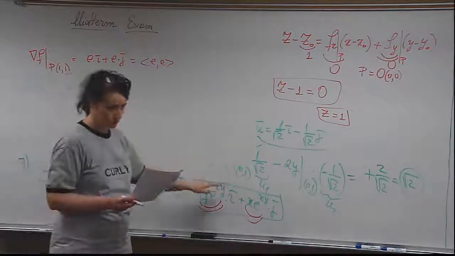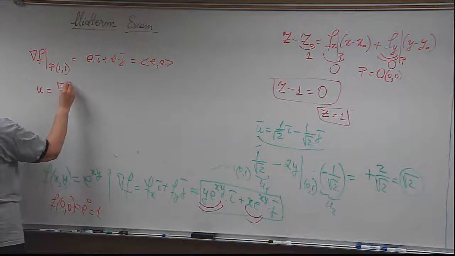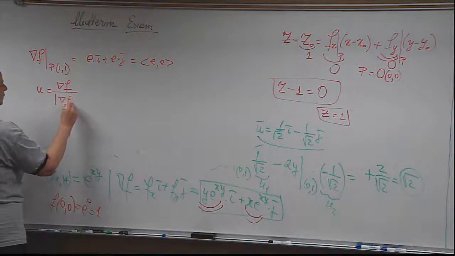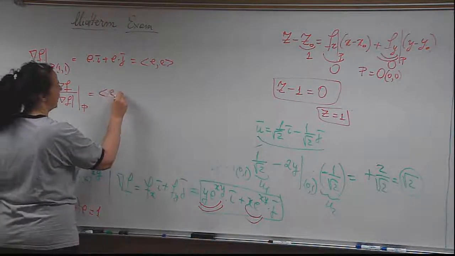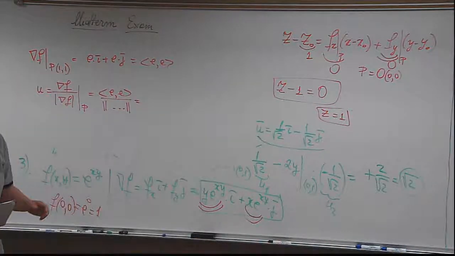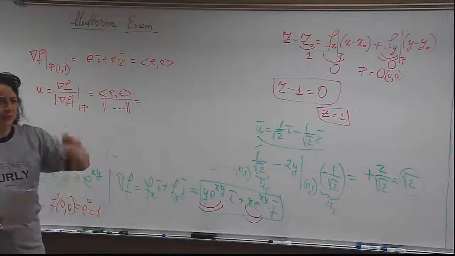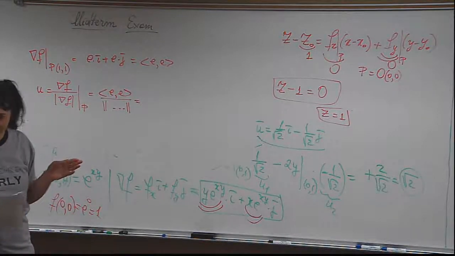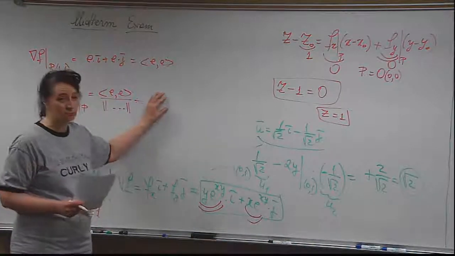Wonderful. So what you do is say u is the gradient of f over the length of the gradient of f at P, which is e(1, 1) divided by the length of it. But you say, I don't have to compute the length of it. I know what is collinear to e is (1, 1). And no matter what you have here, you get the same unique result.